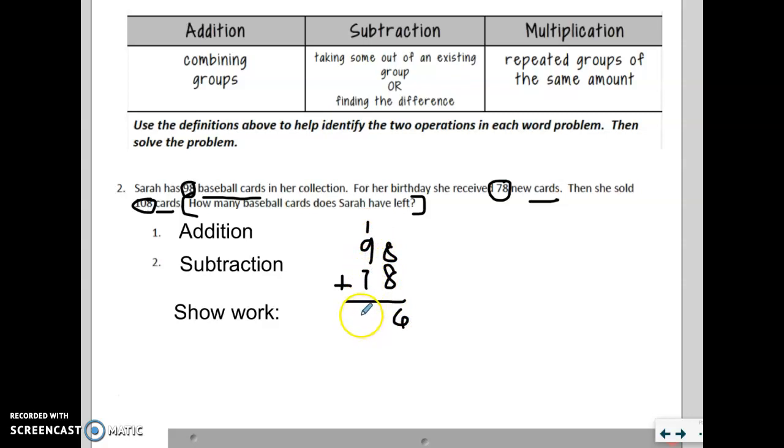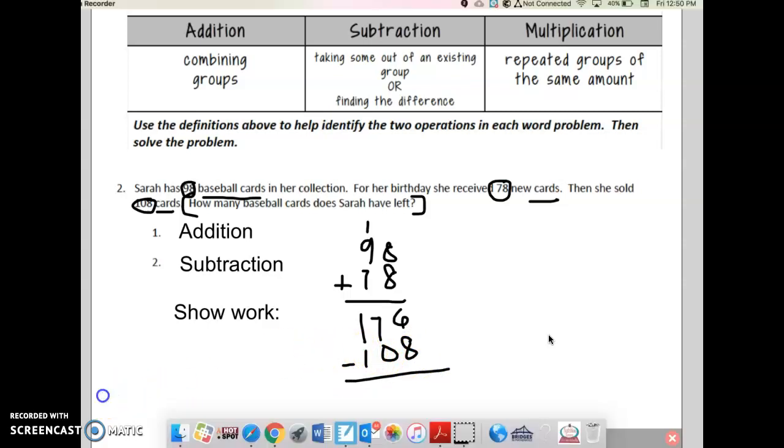Plus 7 more is 17. So she has 176 cards. Then she sold 108. So that would be my subtraction problem. So 176 minus 108.